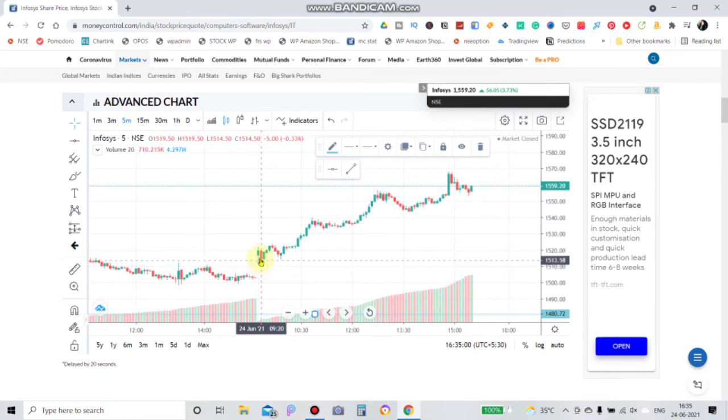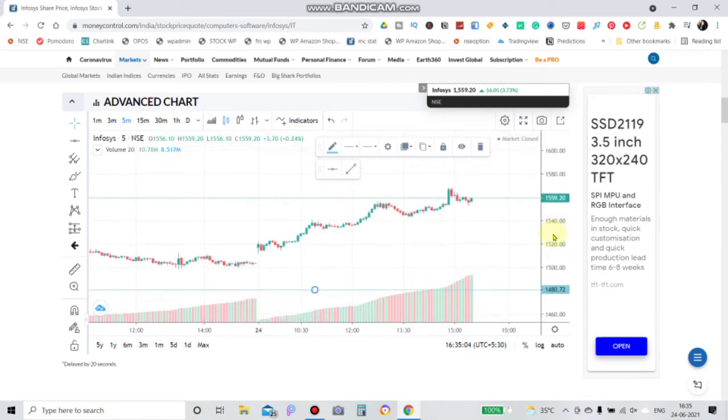What we could have done is leave the first 30 minutes, till this candle. You can see till this 5-minute candle it has been forming a range. Once it breaks this, it will give a good move.